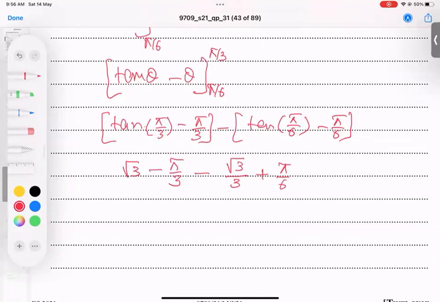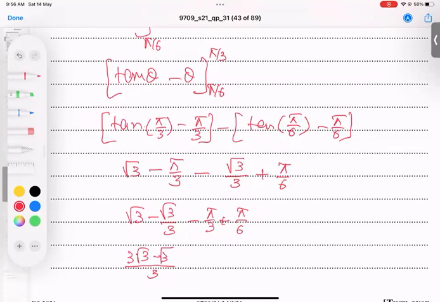Now, what is the technique? If I deal with this and this together, root 3 minus root 3 by 3, and negative pi by 3 and plus pi by 6. So I will deal with this one first. Here the LCM is 3: 3 root 3 minus root 3.